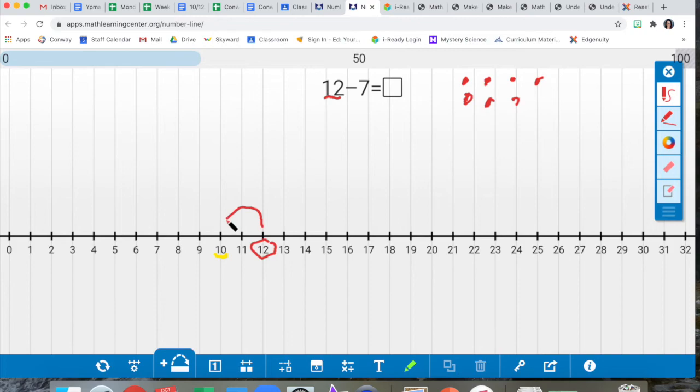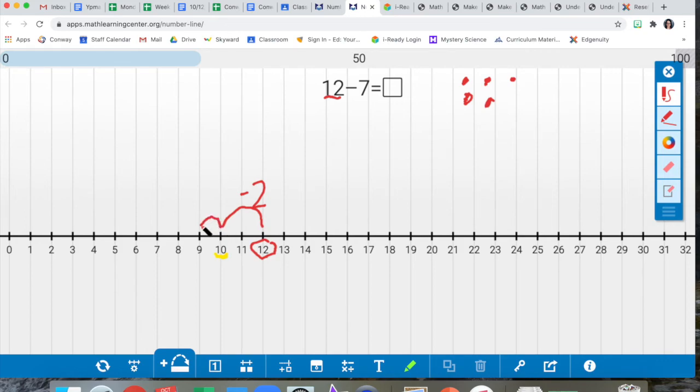First, I'm going to subtract 2 and use 2 dots from my 7. How much of that 7 is left? Yep, 5. That means now that I'm at the 10, I'm going to do 10 minus 5.